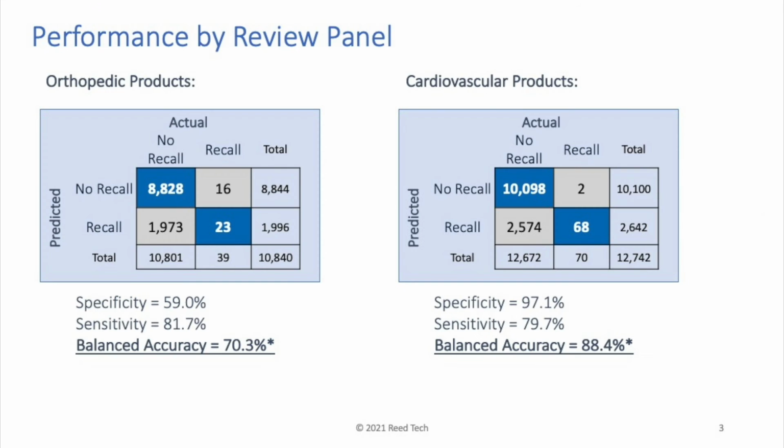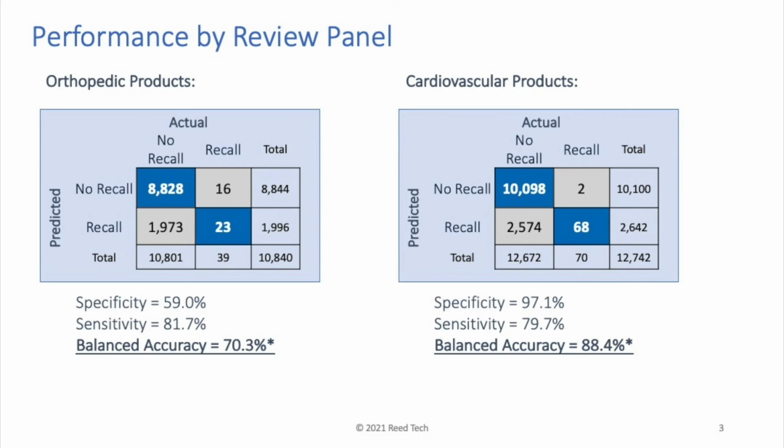We can also look at how the performance varied by grouping the devices into different review panels. So if we look at only orthopedic devices on the left, you'll notice that our balanced accuracy is actually lower than if we only looked at cardiovascular products.